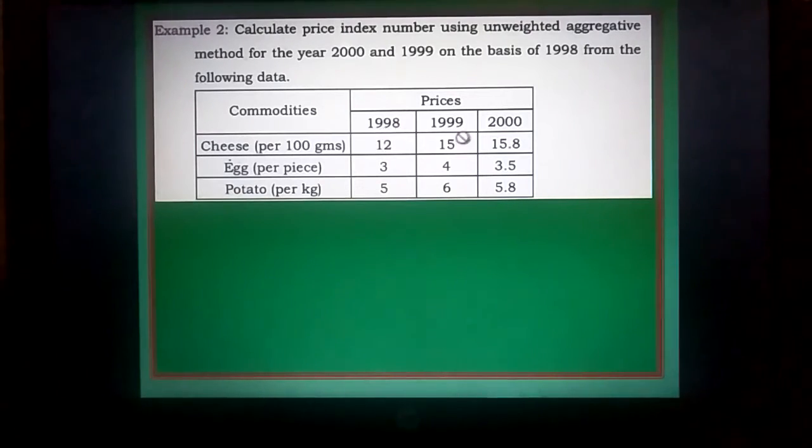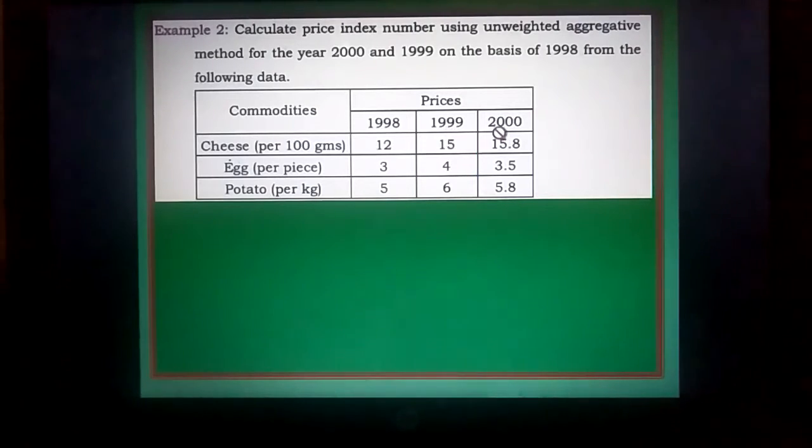So 1998 is the base year for both 1999 and 2000.